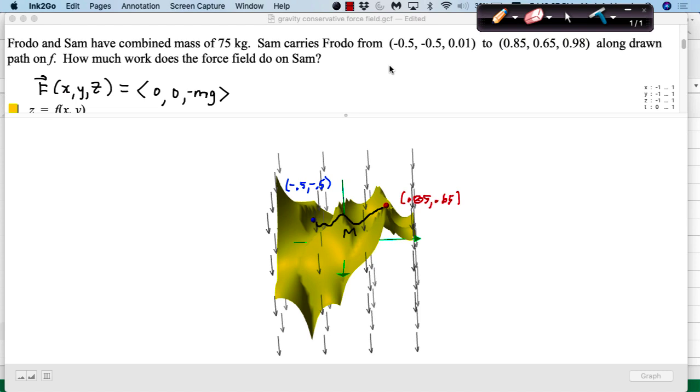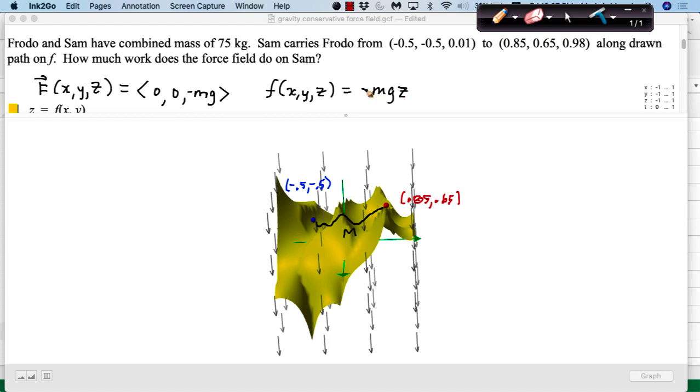So is there some function, in this case a 3-variable function, that has that as its gradient? What would it be? Negative mgz, right?